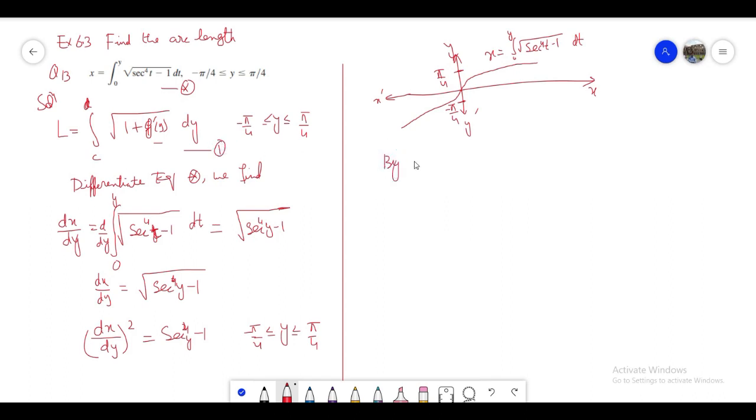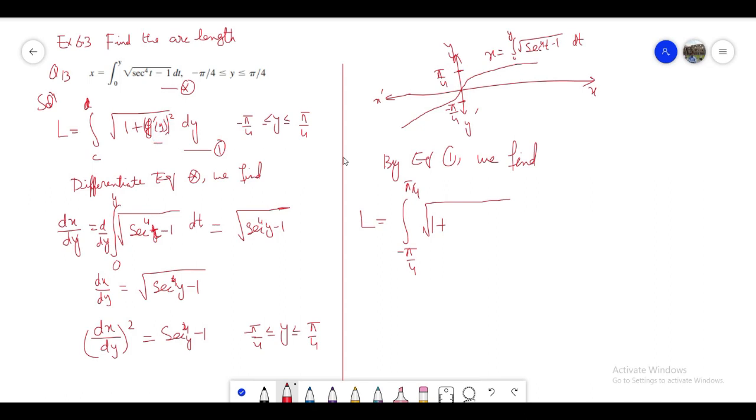By equation 1 we find that the length is from minus pi by 4 to plus pi by 4, square root of 1 plus g dash of y whole squared.